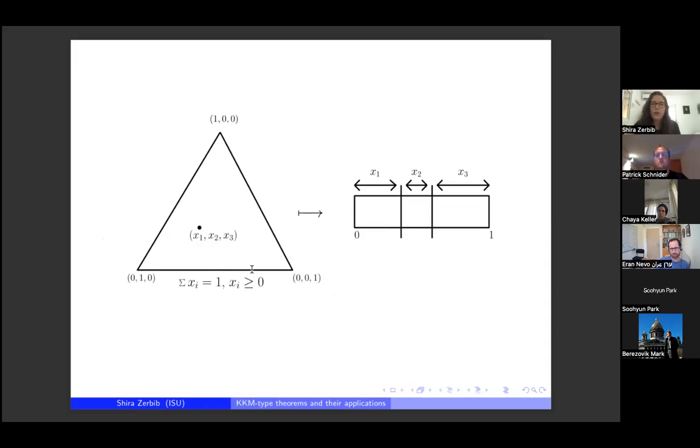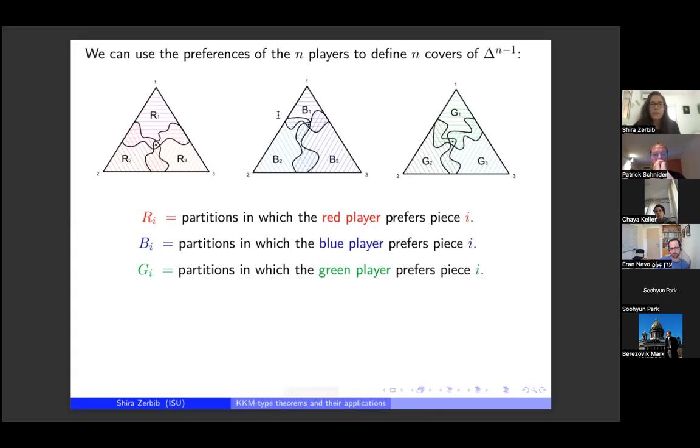So every point in the simplex corresponds to a partition of the cake into three pieces, into n pieces. So the first piece is of length x1, the second piece is of length x2, and so on. And we use the preference sets of the players to define covers of the simplex.